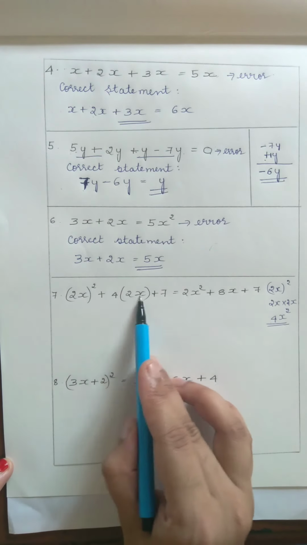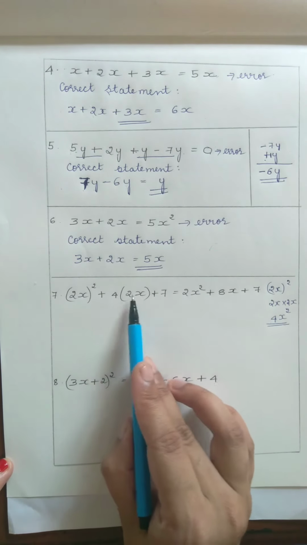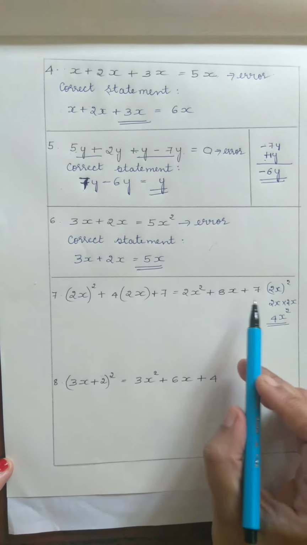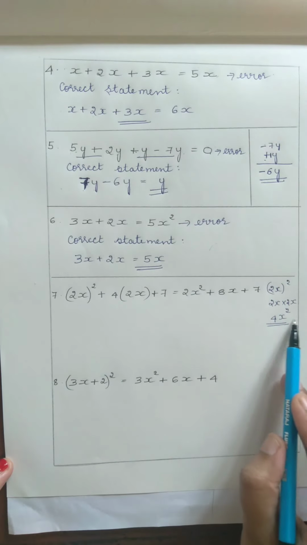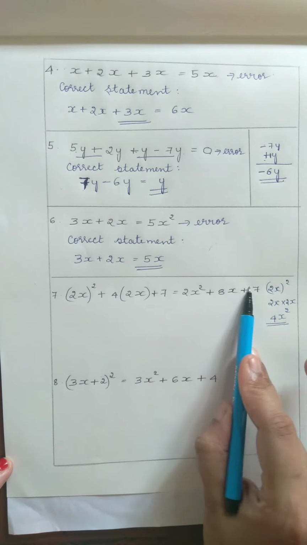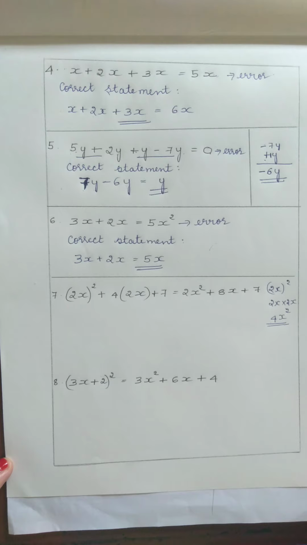Then, we have the next term, 4 into 2x, 4 2s are 8x. That is correct. The plus 7 is correct. But 2x whole square should be 4x square. So, this mathematical statement is having an error, and we have to correct it.